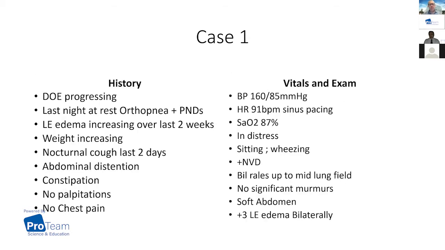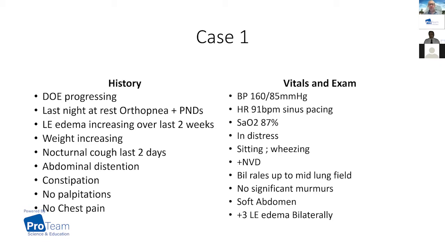He started reporting dyspnea on exertion, which was progressive over the last 1 week. Last night, before his presentation, he had shortness of breath at rest, orthopnea, PND, and lower extremity edema that was increasing over the last 2 weeks. He reports weight gain, nocturnal cough over the last 2 days, and abdominal distension. He has no palpitations and denies any chest pain.